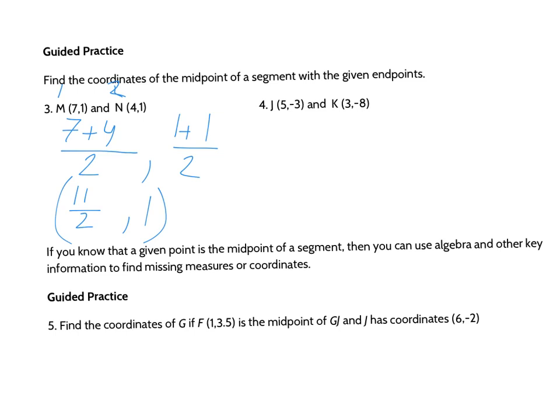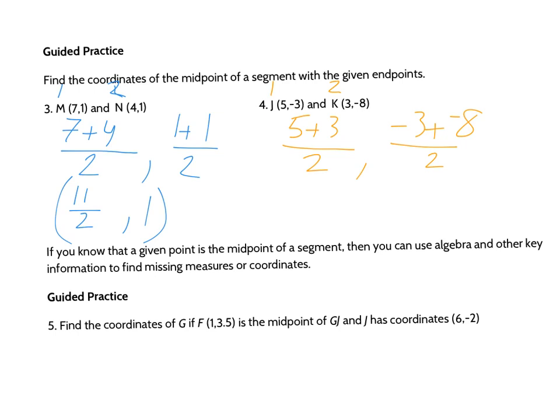All right, number 4. We want to find the midpoint between J and K, J being at 5, negative 3, K being at 3, negative 8. Well, I'm going to designate this as my first one, this is my second one. So we've got 5 plus 3 over 2, comma, negative 3 plus negative 8 over 2.